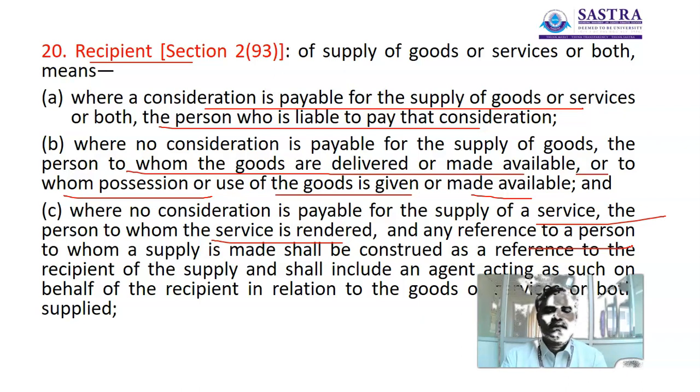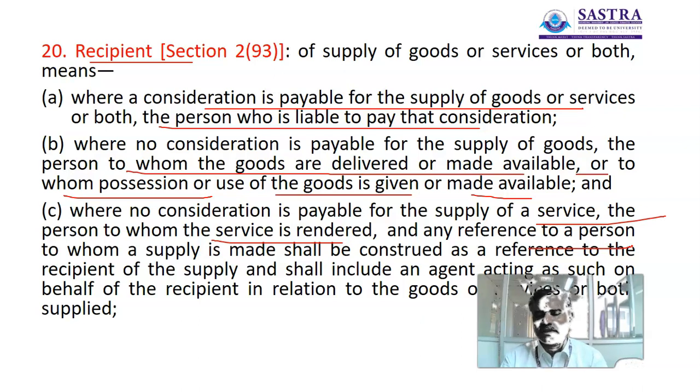For example, you provide a cell phone service, mobile service, to a relative, but you have not received anything. But it is a taxable supply. Either you collect money from them or you have to pay money from your own pocket.